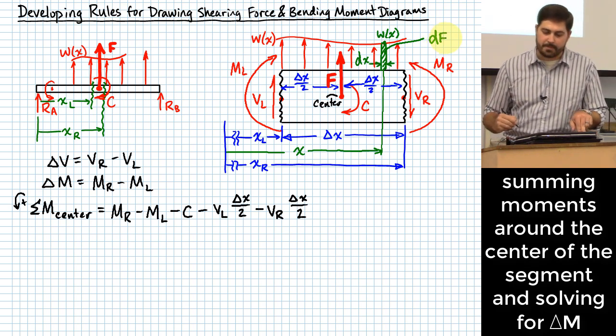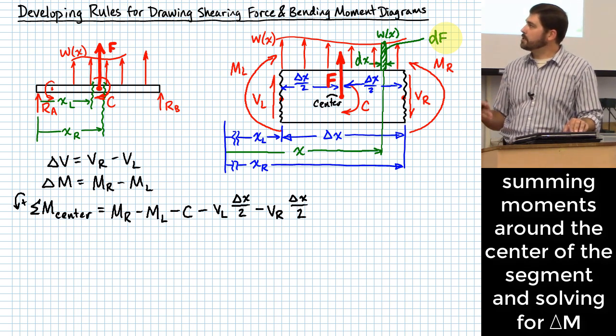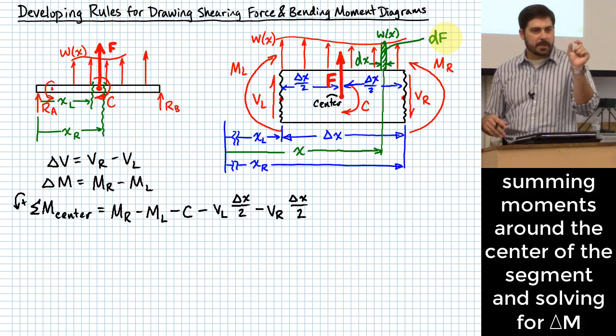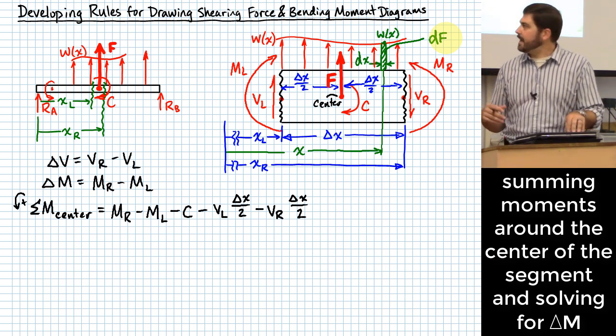A little differential amount of force. Don't confuse that with the variable F that I put on there before. I just need to have an idea that that is a little tiny bit of force, the fact that I've got that little area right there. What effect does that have as far as a moment around the center?